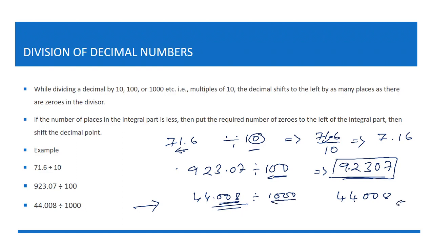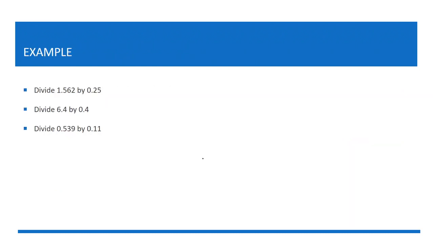Let us start from here: 1, 2, 3, 4, 5, 6. So put 0 here and the dot. So the answer for this is 0.044008. Right.